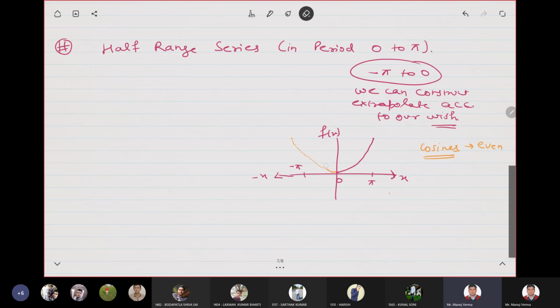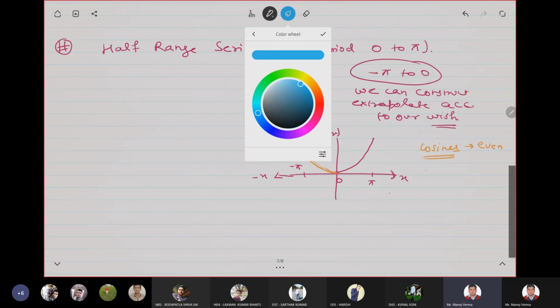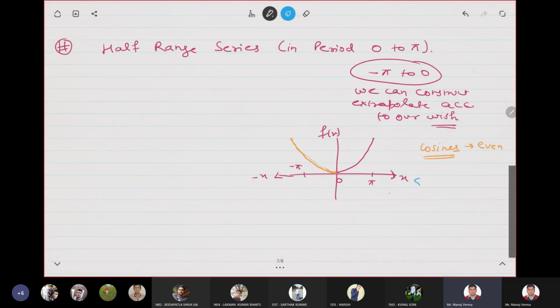We will make the minus pi to 0 part something like this. And suppose we want to express this function as a sine series, then we will consider our function as an odd function, like this.